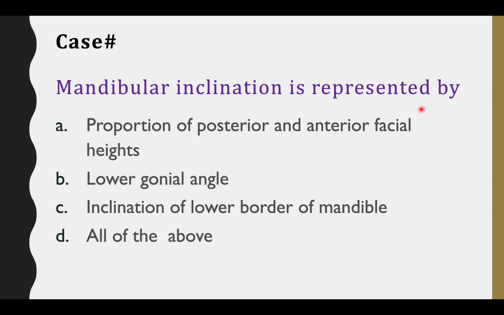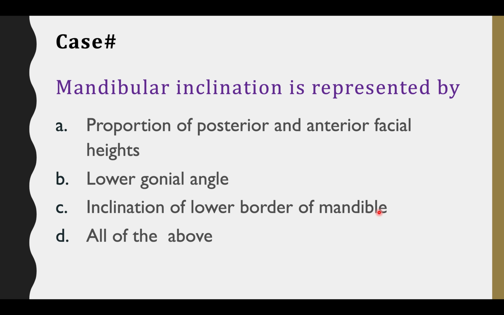Mandibular inclination is represented by, again the vertical growth pattern they are asking. Proportion of posterior and anterior facial heights, that is nothing but your Jarabak ratio. Lower gonial angle, mandibular inclination, gonial angle, yes, they are not mentioning whether high or low, they are asking only regarding the mandibular inclination. Yes, gonial angle will represent the vertical growth pattern.